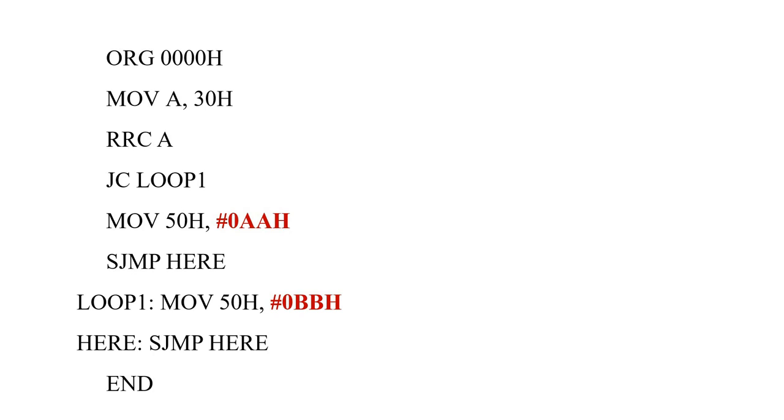This checking whether the carry bit is 0 or 1 is done by the JC instruction, that is jump if carry is equal to 1, or jump on carry. Whenever the carry bit is 1, we jump to the specified label, that is LOOP1. At that label, we need to store BBH at the memory location 50H.